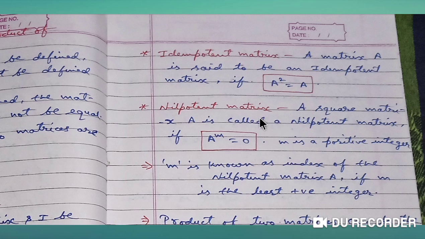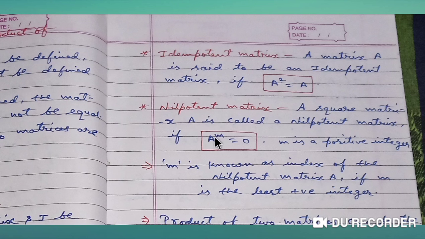In the previous case we just squared the matrix, multiplying it twice, but here we have to multiply the given matrix A up to m times. Just m number of A matrices will be multiplied together.